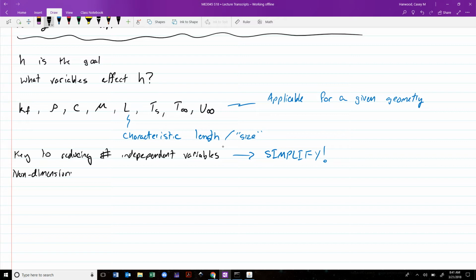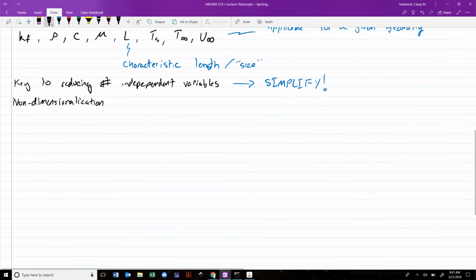Now, non-dimensionalization in fluids we completed through the use of the Buckingham pi theorem, where you had repeating variables, non-repeating variables, and you formed a series of dimensionless pi terms. What we're going to do instead here is do it by a process called inspection.